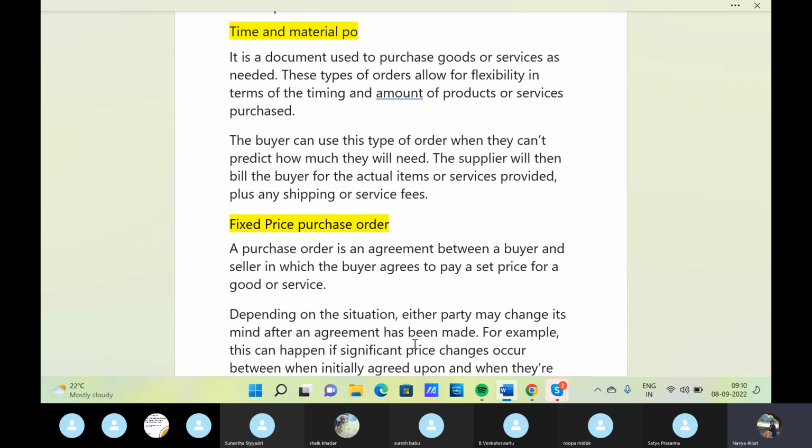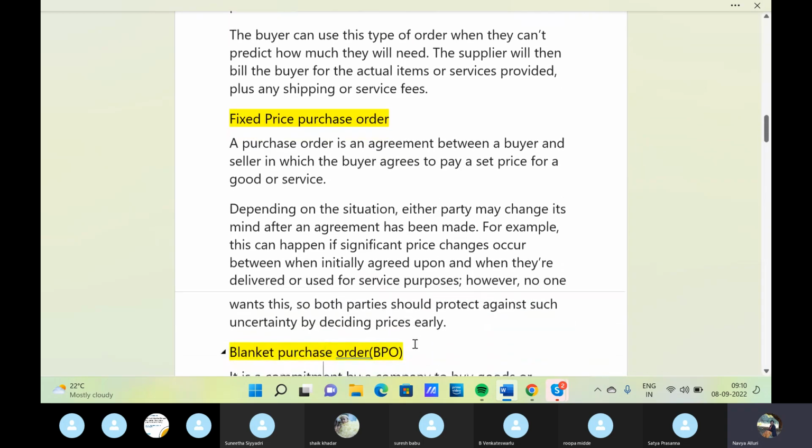The buyer issues this purchase order so that whatever price is mentioned, at that price the product will be given. So this purchase order will be useful for all companies.